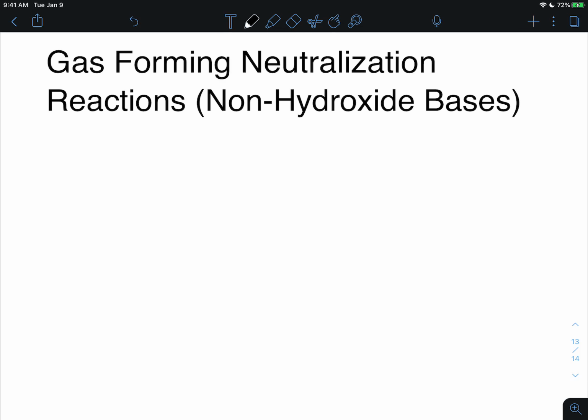If we have a non-hydroxide base, we are actually going to have a gas-forming neutralization reaction. So we can still have neutralization reactions without a hydroxide base, but we will have to have a strong acid in order for it to be a neutralization reaction, because our non-hydroxide bases are going to be weak bases.